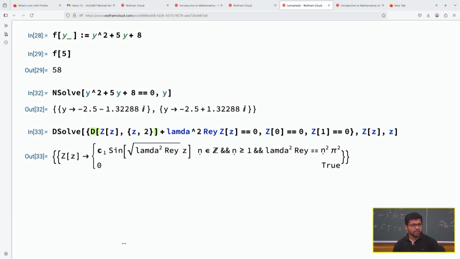If you solve it numerically, say in MATLAB with the same equation and boundary conditions, you will get 0 as the solution.